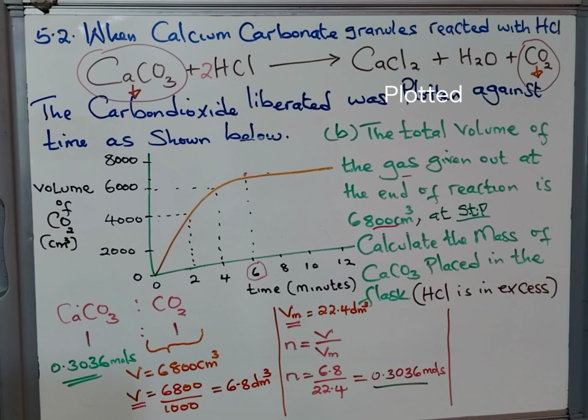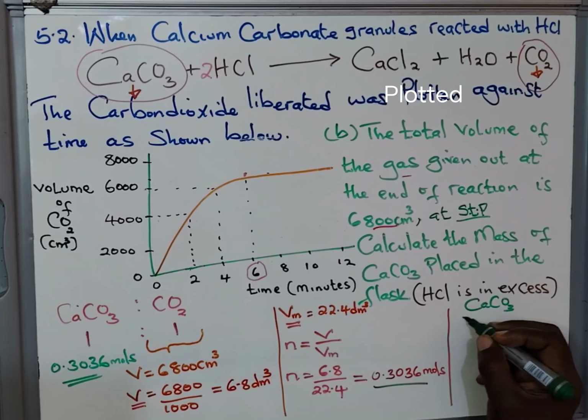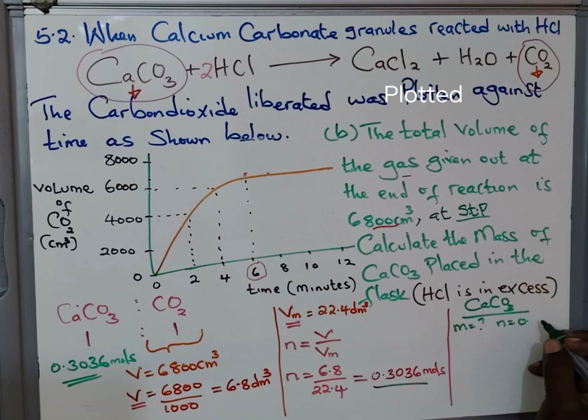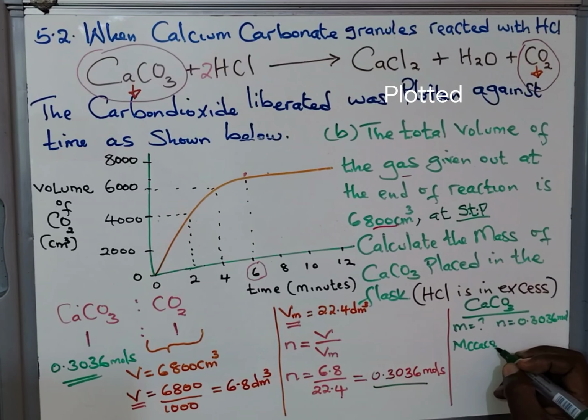This is what we have to remember, that for calcium carbonate now, this is the information we know. We are looking for mass, which we don't know. But we know the number of moles, which is 0.3036 moles. And we know the molar mass of calcium carbonate. It is 100 grams per mole. So with this information, what do we do? We apply our equation.